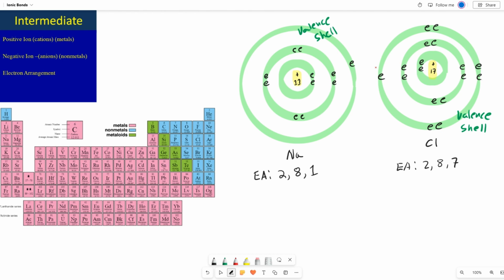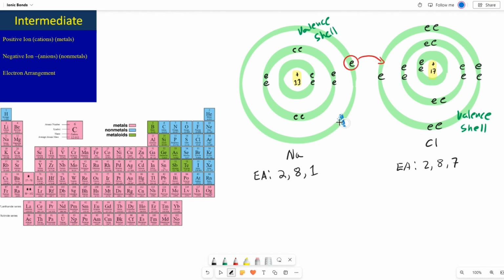so it has a very high electronegativity, a very high desire to capture one more electron, whereas sodium, which is a metal, has only 1 electron in its valence shell, so it has a very low electronegativity. So chlorine is going to pull the electron from sodium over into its valence shell. When this happens, this outer shell for sodium ceases to be its valence shell.